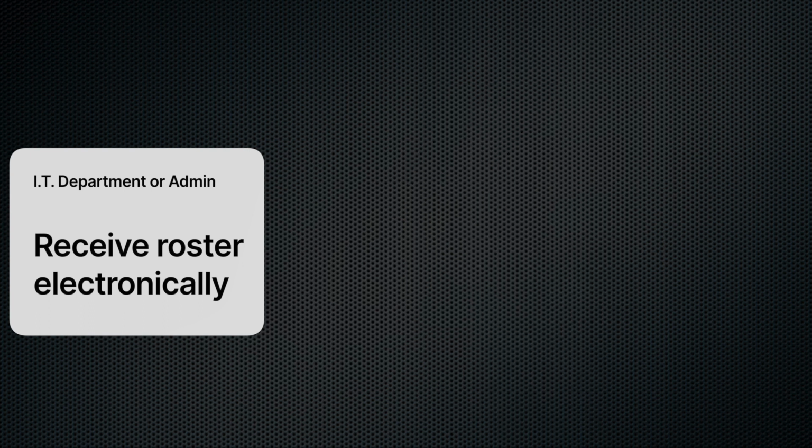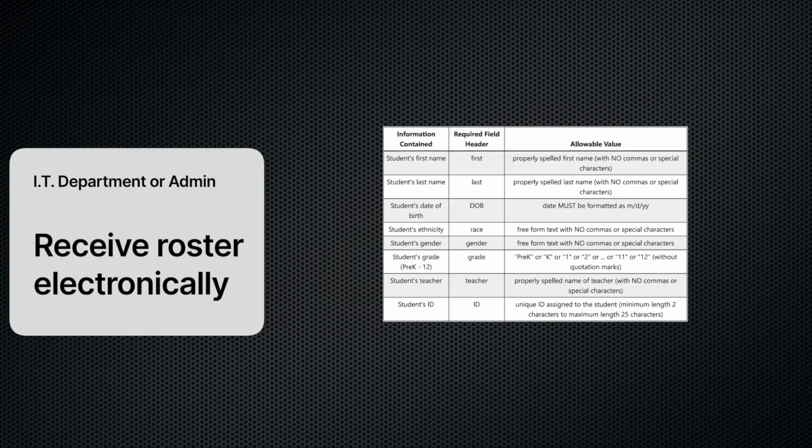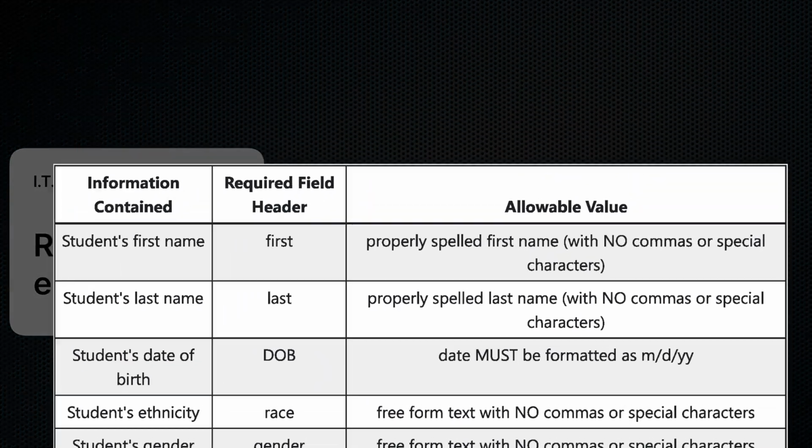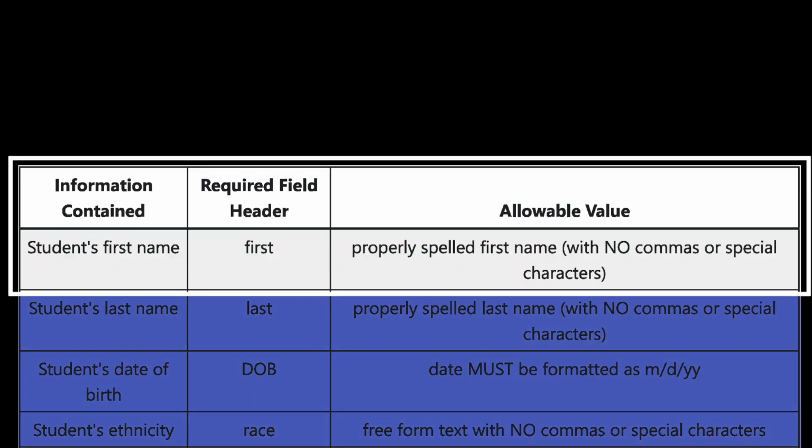Before moving on to formatting the data file, there are several items that your IT department will want to know regarding something called field constraints. This is why it is so important that your IT department receive a copy of the instructions. More specifically, this table describes the field constraints. Without going through every field, let's just look at the student's first name.